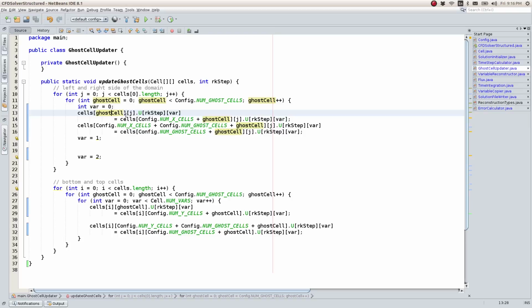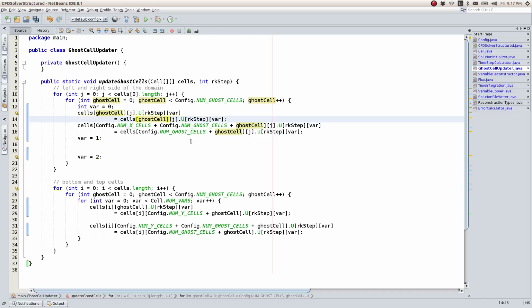Okay, so these are the ghost cells. So we are going to have ghost cell equal to 0, ghost cell equal to 1, ghost cell equal to 2.